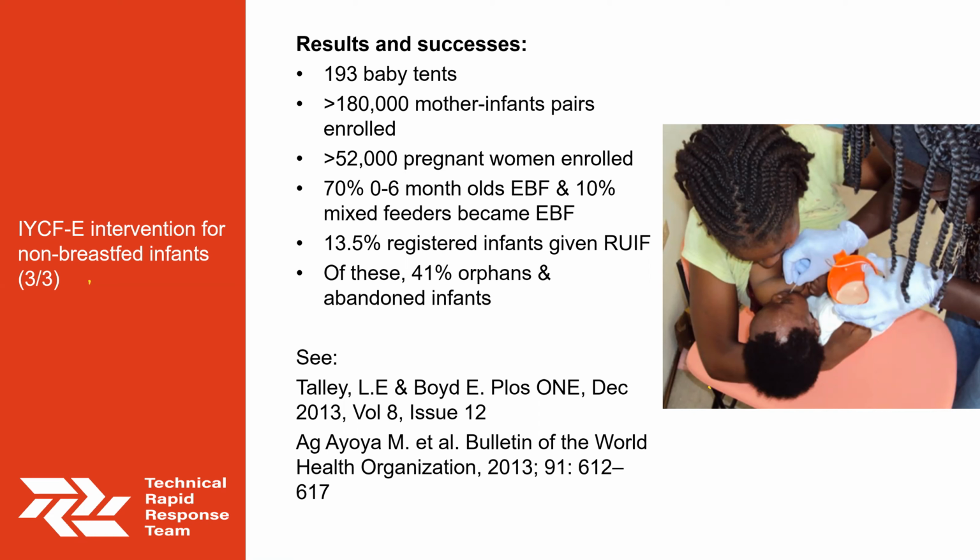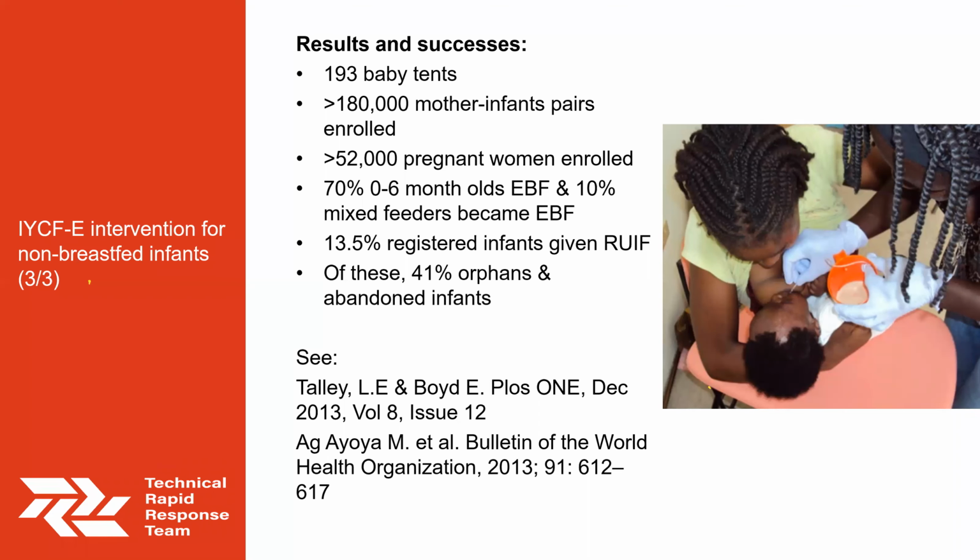But interestingly, of these, only 41% were orphans and abandoned infants. So 59% fell into other categories, for example, being babies of HIV positive women who were using formula before, or being fully formula fed before.